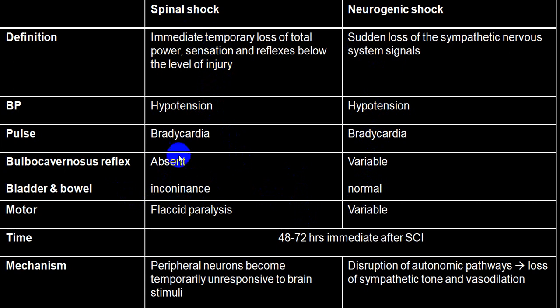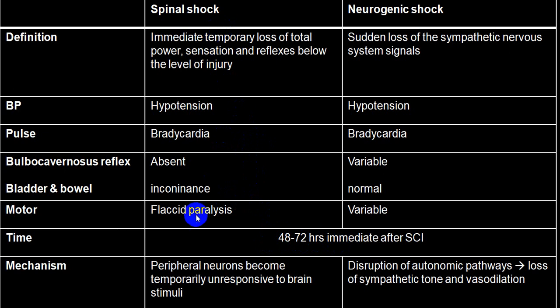You will have a flaccid paralysis, which is usually not seen in neurogenic shock. You do get flaccidity, but not flaccid paralysis. By and large, spinal shock lasts for 48 to 72 hours after spinal cord injury.